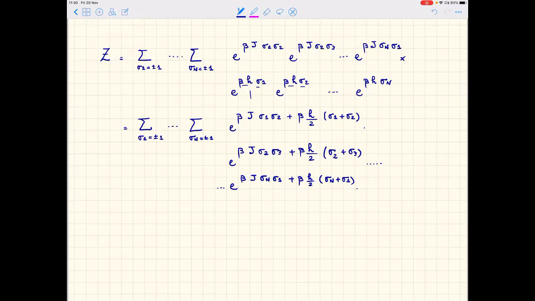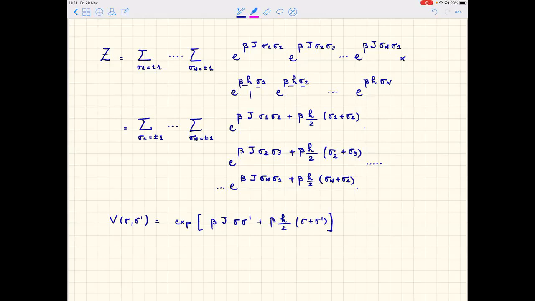So let me define now V of sigma, sigma prime equal to the exponential of beta J sigma sigma prime plus beta h over 2 times (sigma plus sigma prime), right?